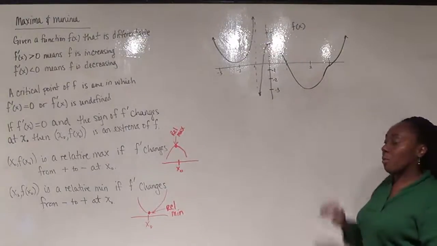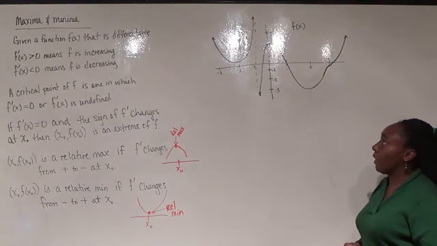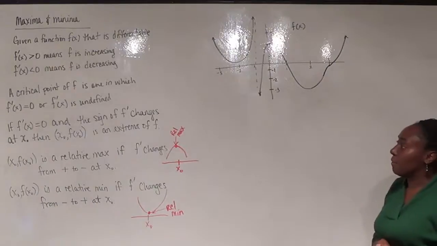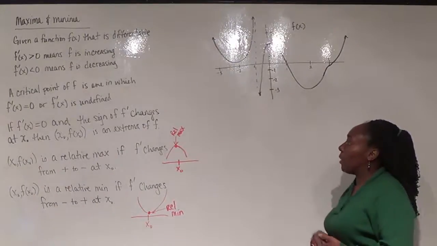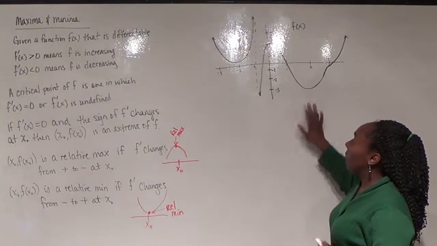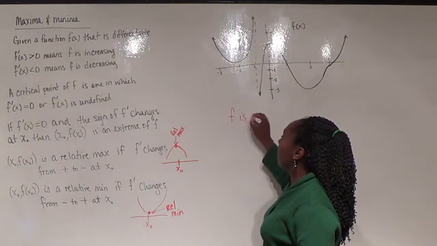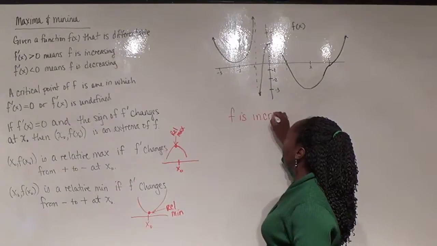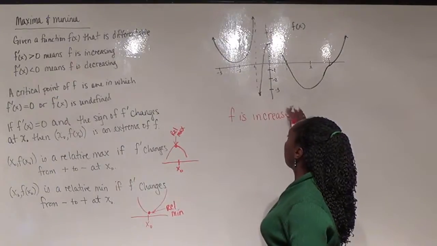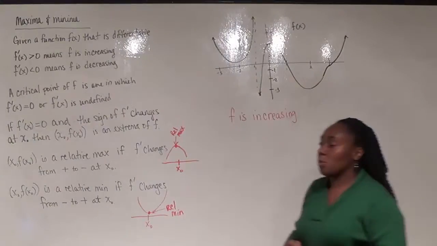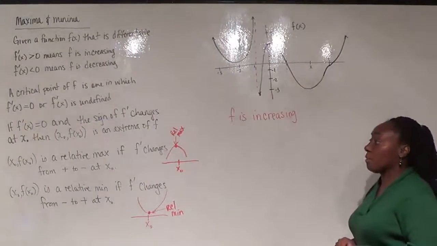So let's look at this graph for an example. Here's a graph of f of x, and it has some various pieces of information. If we look back at what we were talking about, we can look at where f is increasing. So here we're looking at all the places where the derivative is positive.